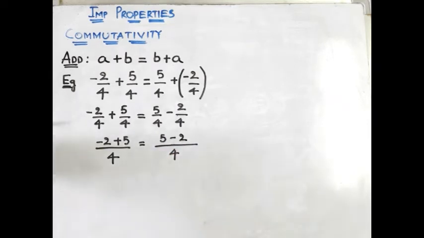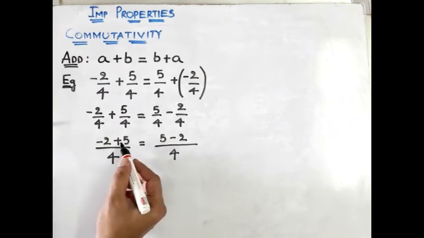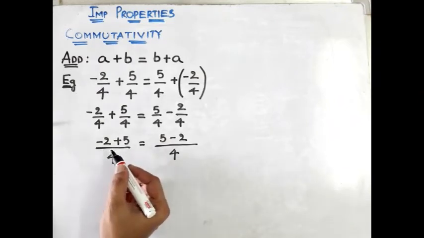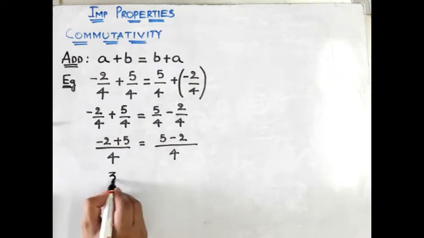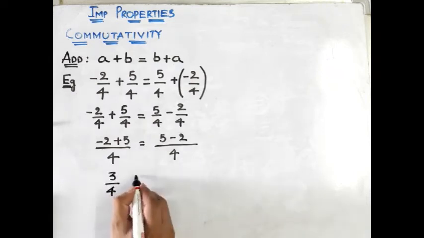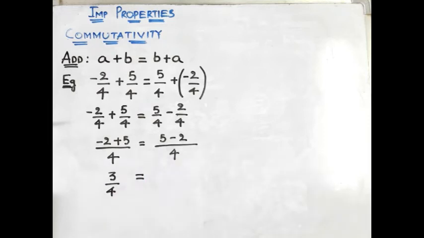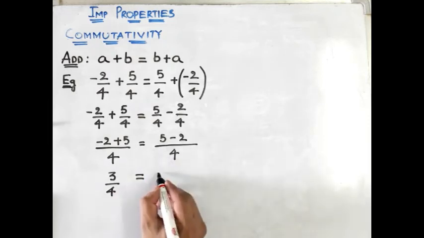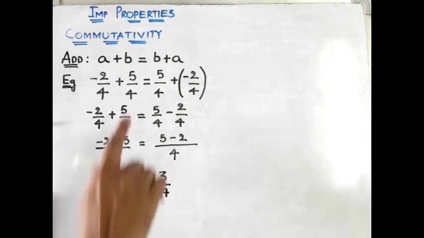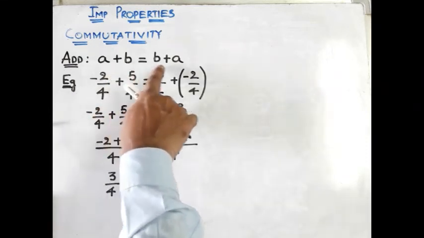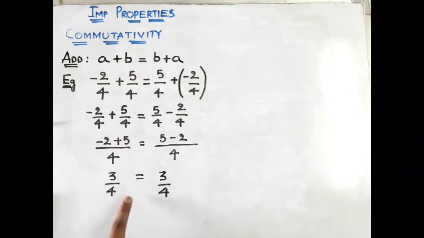Now look, minus 2 plus 5 is 3 by 4, is equal to 5 minus 2, again it is 3 by 4. Through this we can say that a plus b is equal to b plus a is applicable for rational numbers.